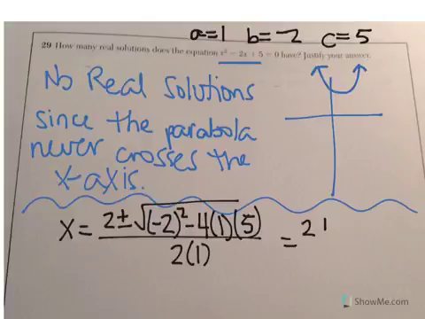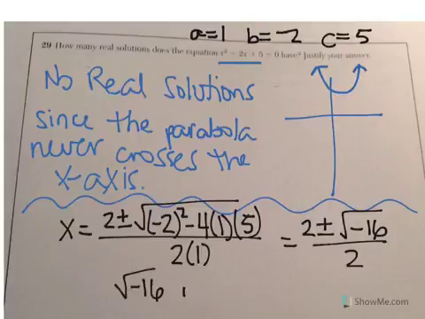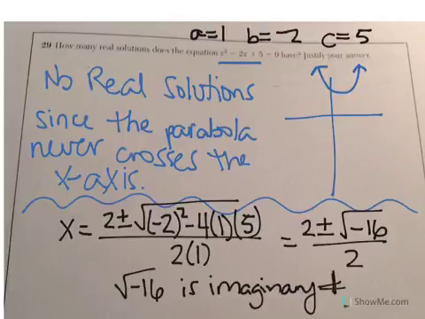This gives you 2 plus or minus the square root of -16 over 2. Okay, the square root of -16 is imaginary. That's an imaginary number. Therefore, no real roots, or no real solutions.